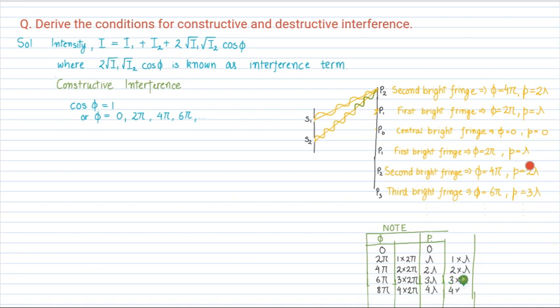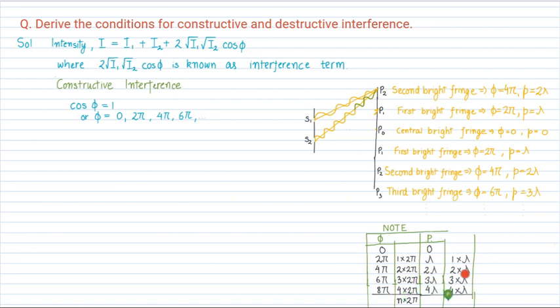Fine. So can you see a pattern is being repeated? Here 1, 2, 3, 4, and this is 2 pi. Here 1, 2, 3, 4, this is lambda. So let us say this n times of 2 pi is equal to n times of lambda.